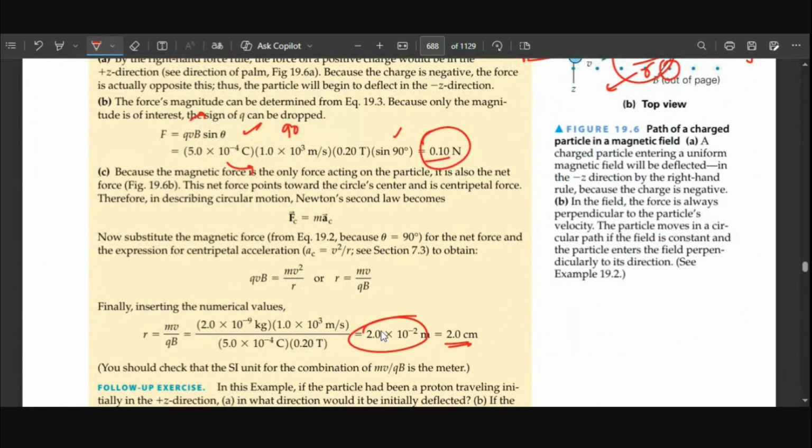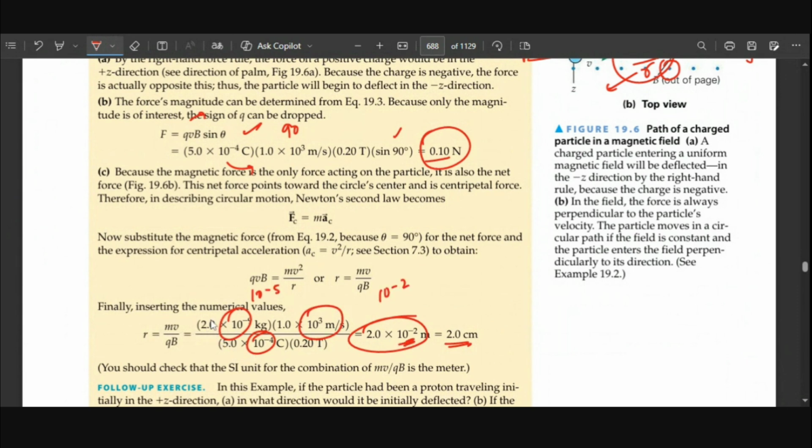Just check the values which are substituted, as well as check the calculation. It's 10 to the power minus 9, it is minus 4. It is going to become 10 to the power minus 5. 10 to the power minus 5, 10 to the power 3. It is going to be 10 to the power minus 2, which is what we have written here.